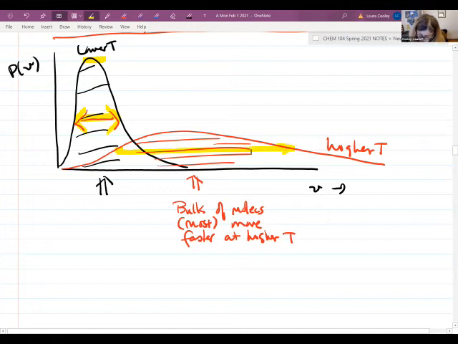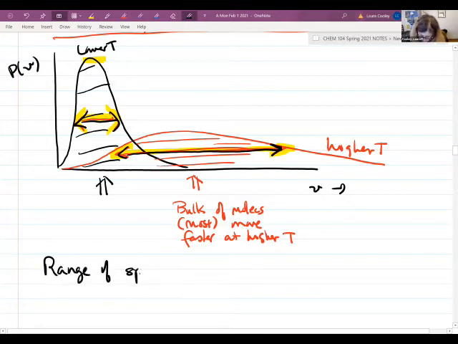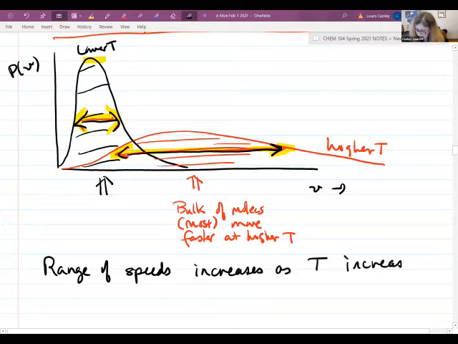At the higher temperature, you have a much larger range of speeds. So the range of speeds increases as the temperature increases. Not only will you have molecules moving faster, but you'll have a much higher high and a lower low. You just have a greater range of speeds.